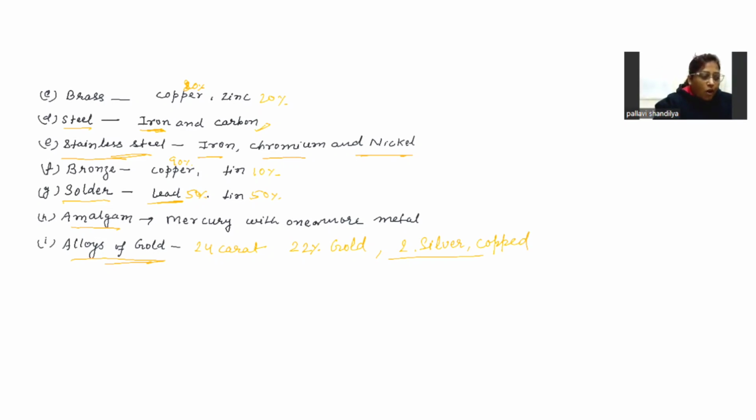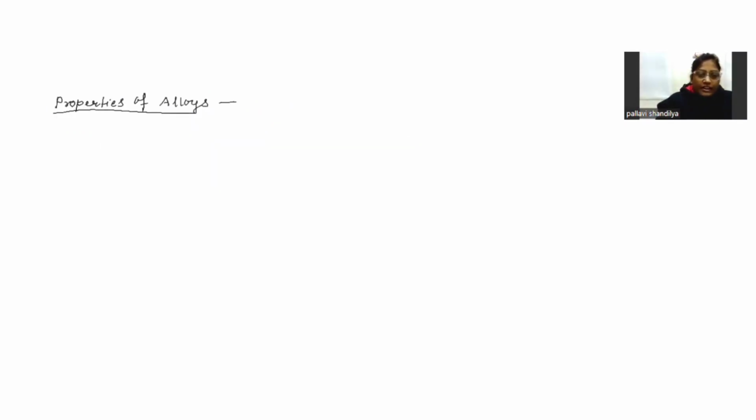Now we are moving forward and we are going to learn the properties of the alloys. क्या क्या properties होती है? So that alloys are more stronger than pure metal.